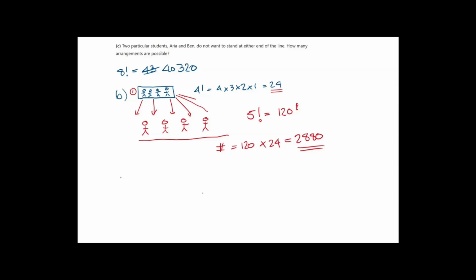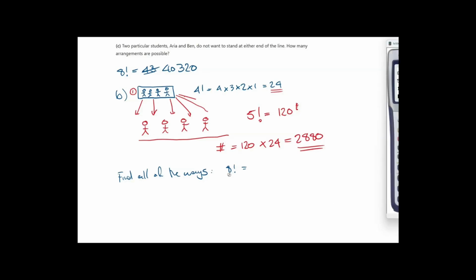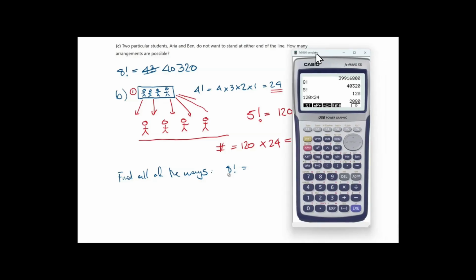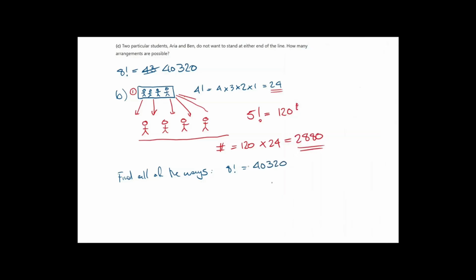The way that we're going to do this is we're going to find all of the ways that there are of arranging, ignoring Aria and Ben for now, which is going to be 8 factorial. Okay, so 8 factorial is going to be a number that we've already worked out, 40,320.